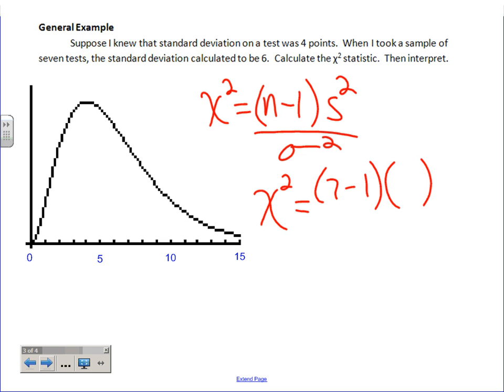That's kind of what we observed, right? We observed on the sample we took that the standard deviation was 6, and that's what S is, right? And what were we supposed to have seen? Yeah, 4 squared, right? So basically, if you look at it in a particular way, 6 squared divided by 4 squared, right? If you look at it from a particular point of view.